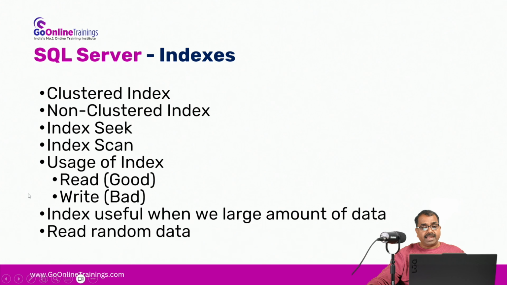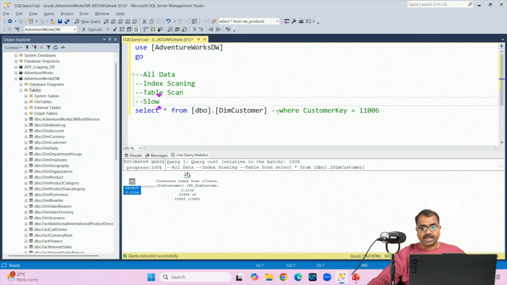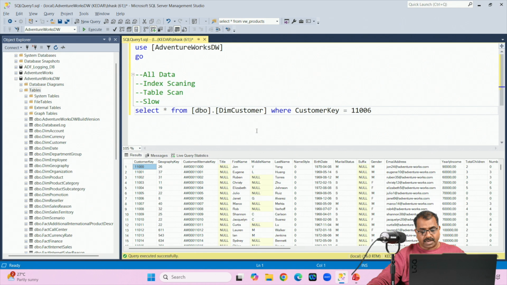But what is the meaning of index seek? When you have a large amount of data, in this table I have 18,000 rows. What I'm trying to do, I don't need all the data. I want to get only one particular customer, or randomly read a few rows, not all the rows.